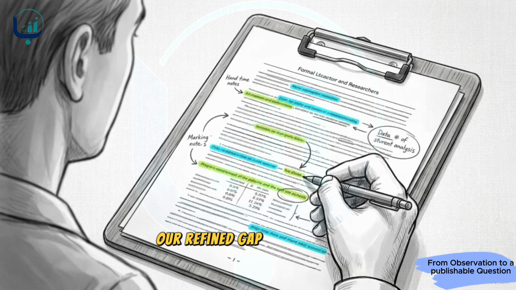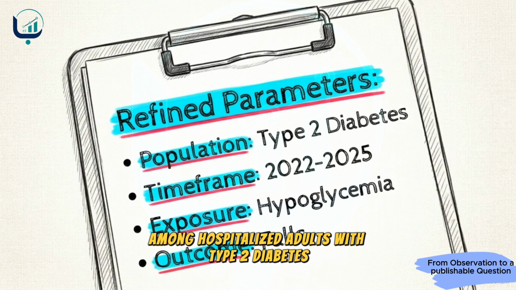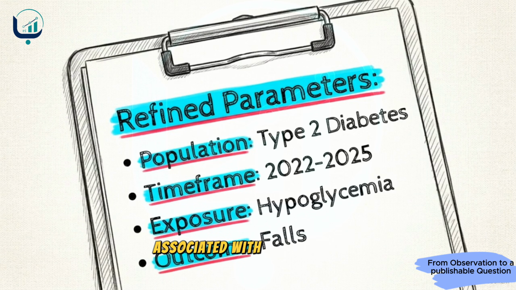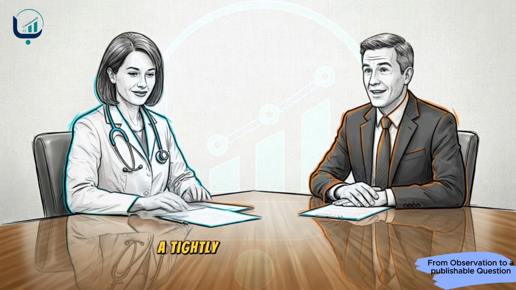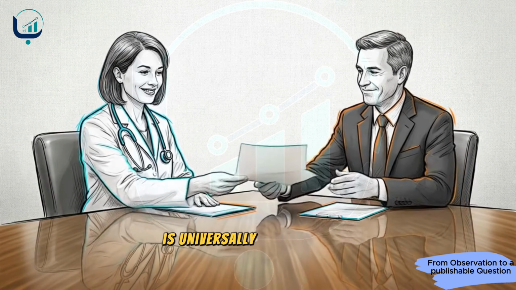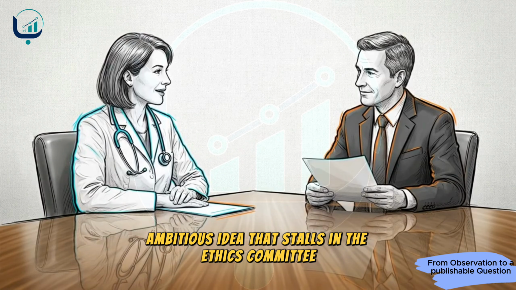Our refined gap is now highly specific. Among hospitalized adults with type 2 diabetes admitted to medical wards between 2022 and 2025, is documented hypoglycemia during admission associated with inpatient falls? A tightly constrained project that you can realistically complete and publish is universally superior to a massive, ambitious idea that stalls in the ethics committee.